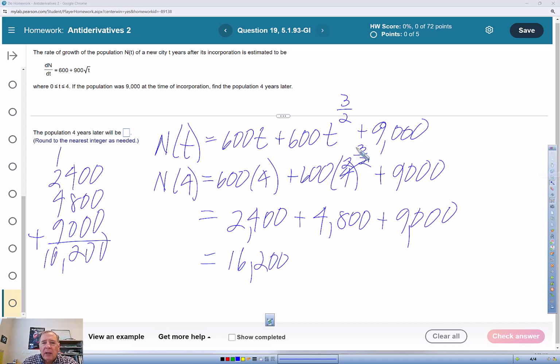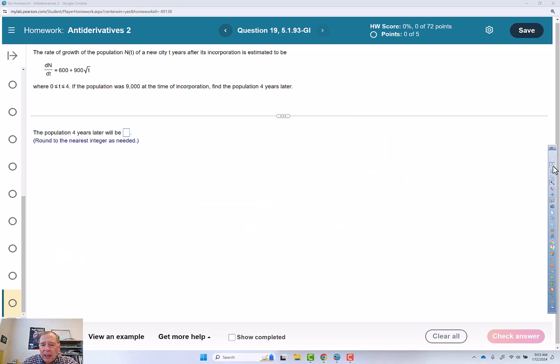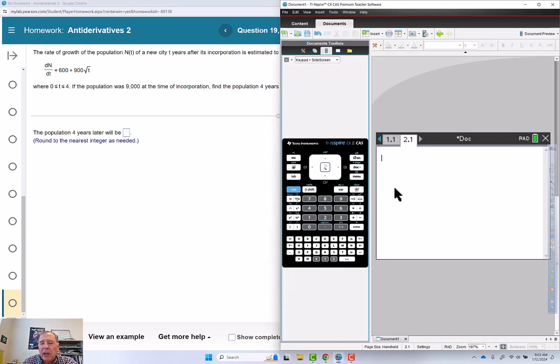Absolutely. I'm not going to go through the whole antiderivative, but I'm going to enter this function in the calculator page as a function. So I'm going to go to N in parentheses t, get out of the parenthesis, control, and above the math key is a blue colon equals.